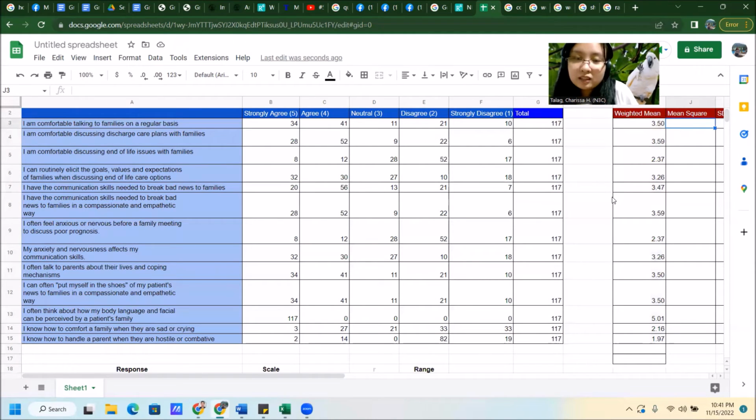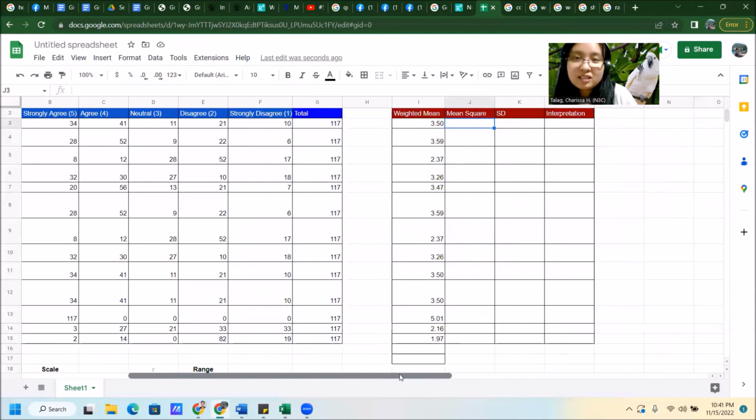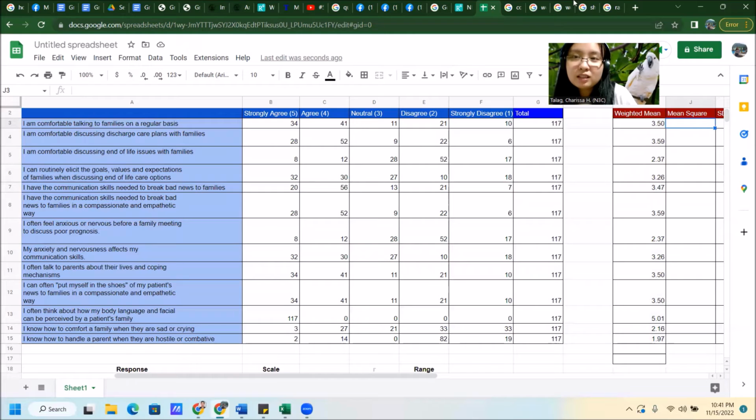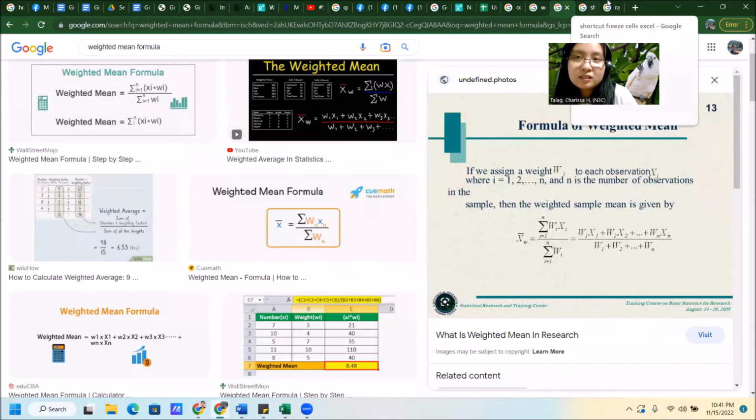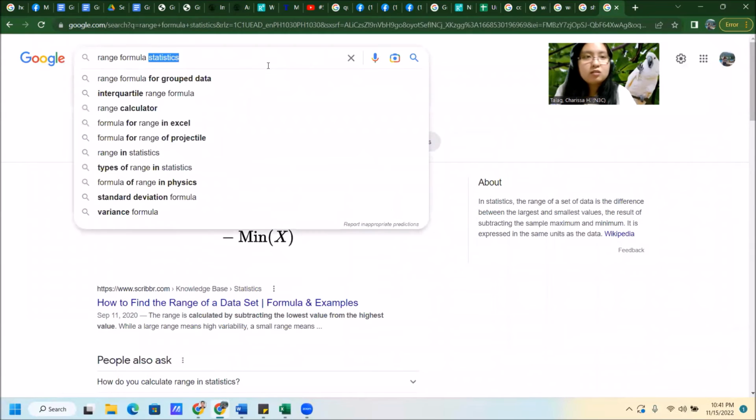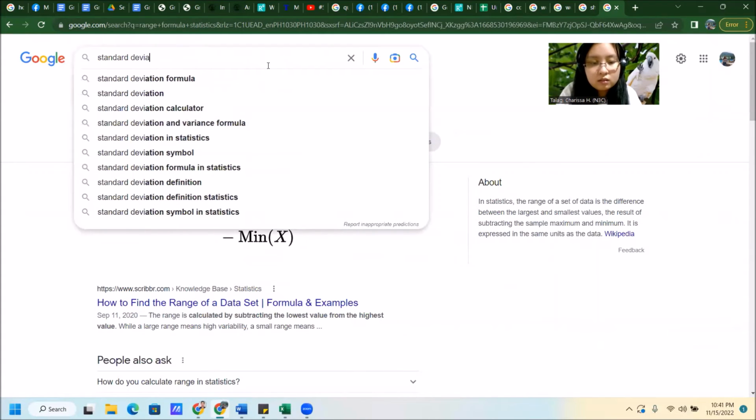Now, we have to get the mean square. Bakit kailangan natin kunin yung mean square? Kasi, important yan sa standard deviation formula.